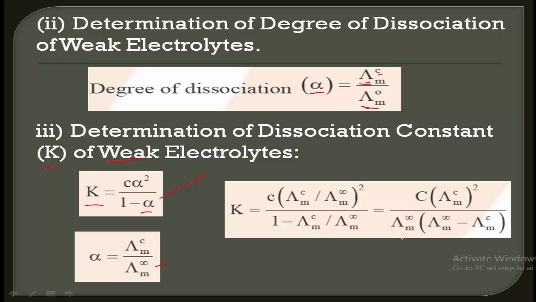Upon simplification, you will get the answer. So this is how we can determine the dissociation constant for weak electrolytes. So these are the three very important applications of Kohlrausch's law.